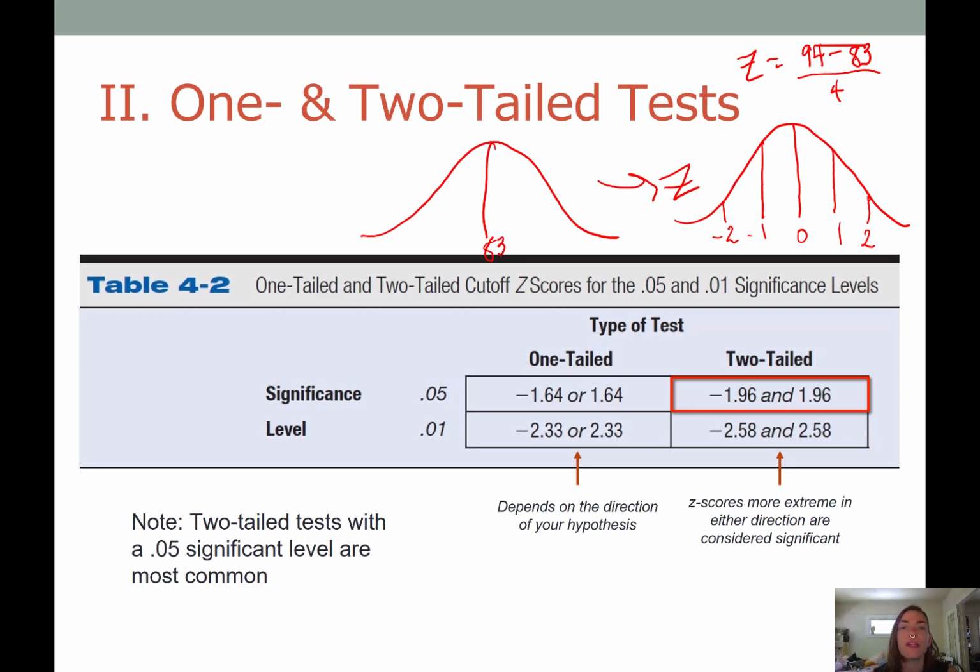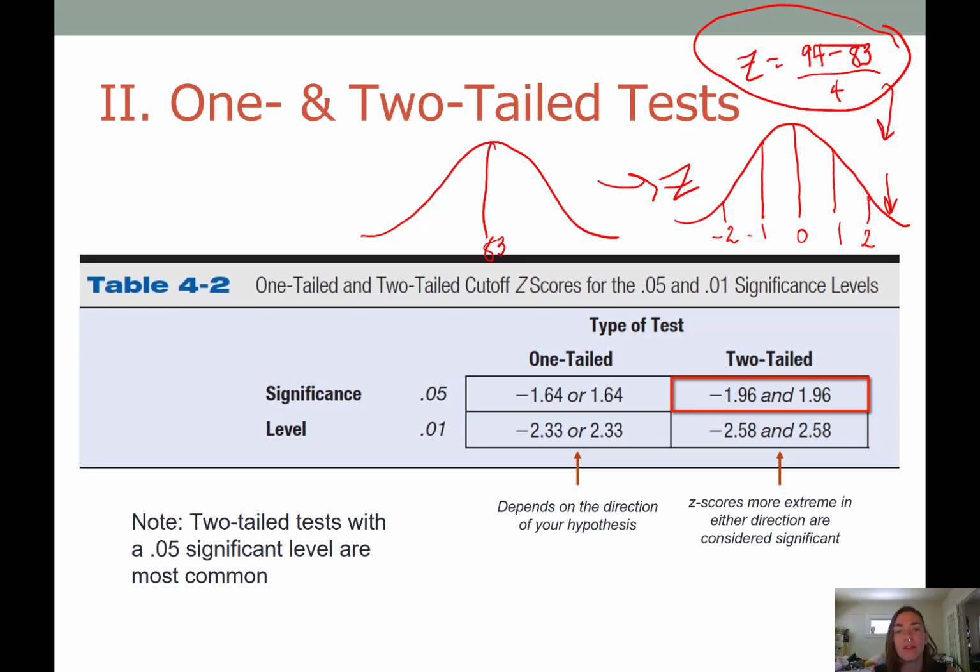You could calculate that z-score, and then you would put it on this distribution, and wherever that z-score falls in that distribution, we could figure out the likelihood of that value. So how likely or unlikely is a value of 94 on this distribution here? That's what this formula is telling me.